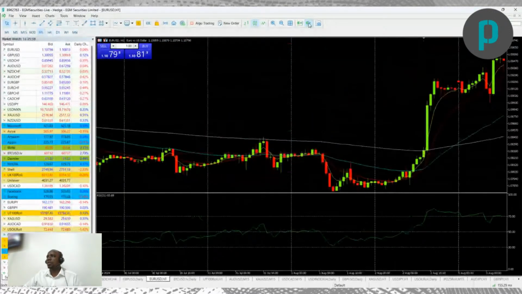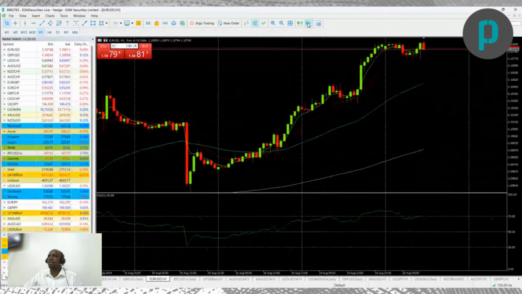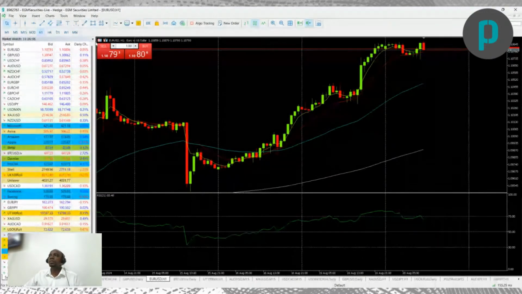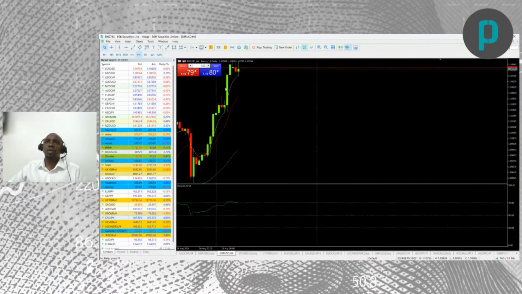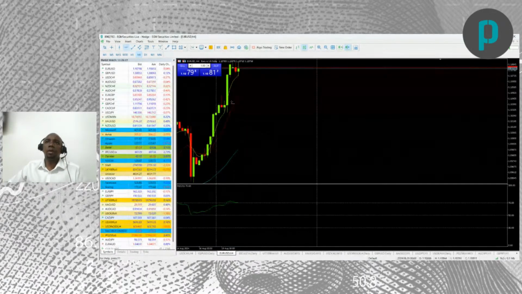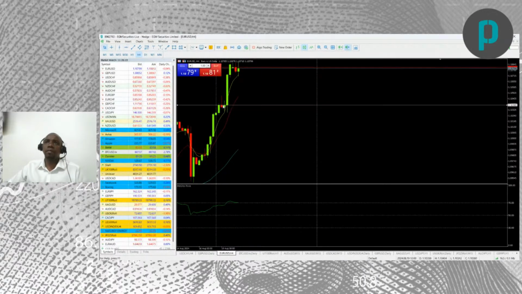So let's look at lower time frames. A better understanding of this is going to lower time frames. Maybe we could see a bearish push to this order block over here.